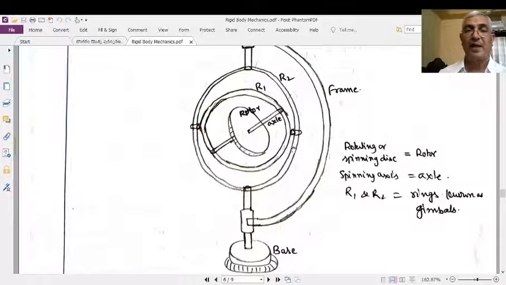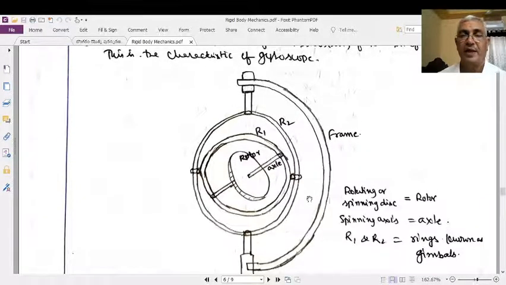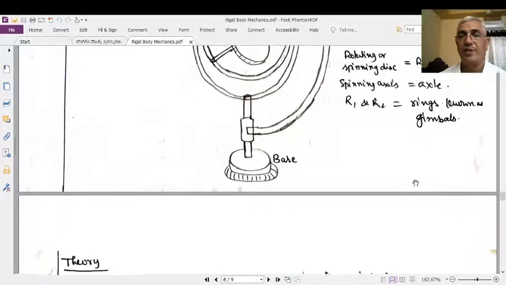Of course, this is the diagram drawn here in the notes. This is the rotor. This is the axle supported by the first ring R1, and this ring is further supported by ring R2. The ring R2 is ultimately connected to the frame. The rotating disc is the rotor, the spinning axis is known as the axle, and R1, R2 are the rings.